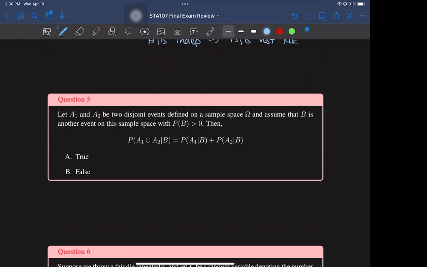If you draw a Venn diagram, try to figure out which part represents probability of A1 union A2 given B, and which part corresponds to this and which part corresponds to this, and see if when you add up they are equal or not.